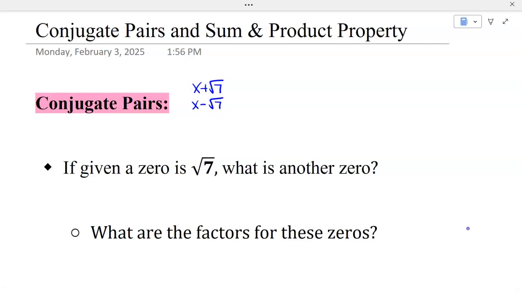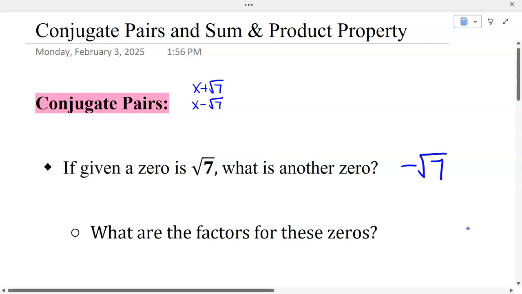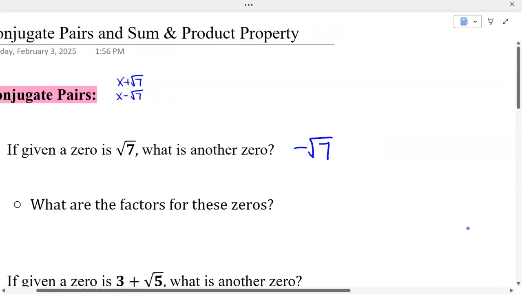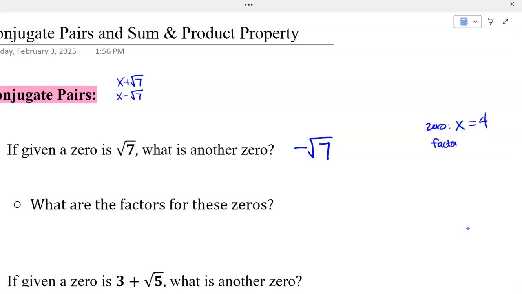So if I'm told that a 0 is the square root of 7, what is another 0 that I absolutely know? I'm hoping you came up with this on your own, but it would be negative square root of 7. And if I was going to try to write the factors from each of those, remember if x equals 4 is a 0, then your factor would just be x minus 4.